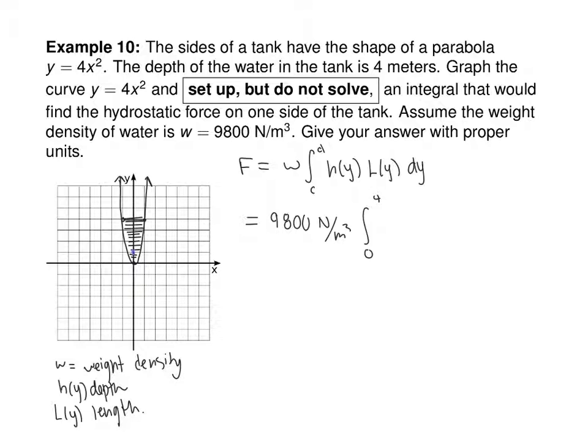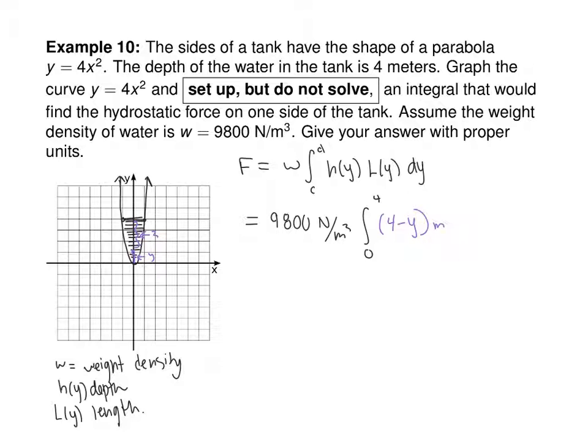If I have a y value of 1, I'm actually at a depth of 3 underwater. So here, notice that if this is your y value, the depth is actually 4 minus the y value. And notice also that that's going to be measured in meters.